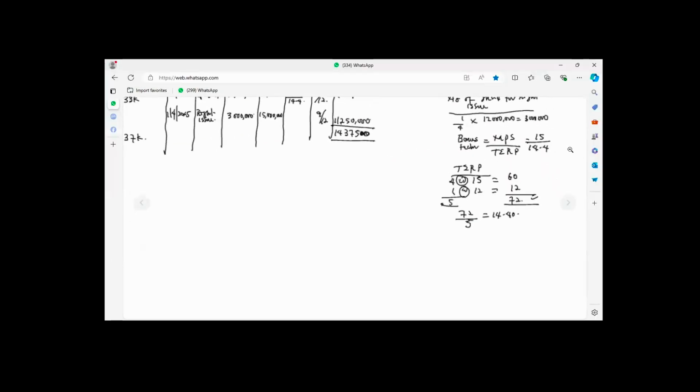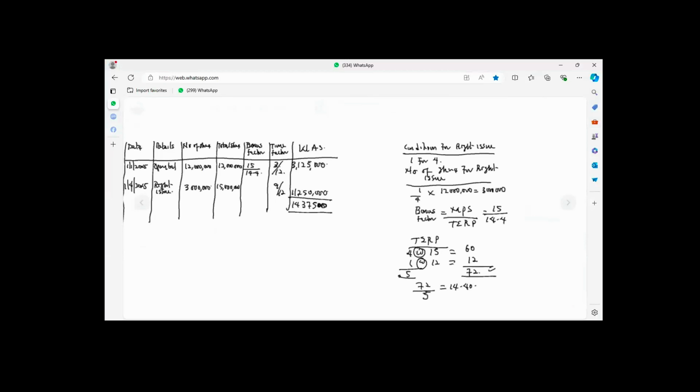Okay. From 1st of January to 1st of April, that's 3 months. Exactly. You go for the first one, and the second one will now be from 1st of April to year end, which is December, 9/12.